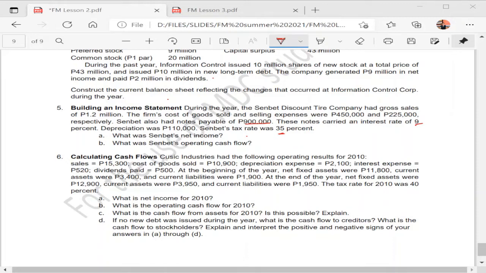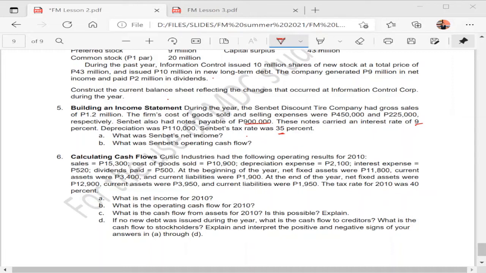Okay. So, ready na kayo sa solution. The formula is EBIT plus depreciation, then minus taxes. So we have 415,000, that's our EBIT.